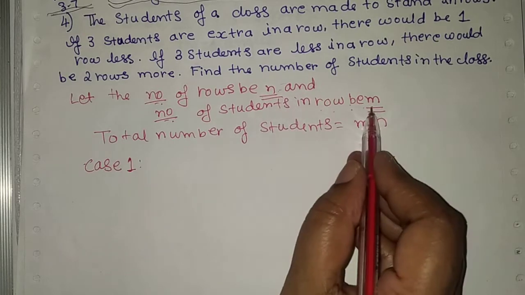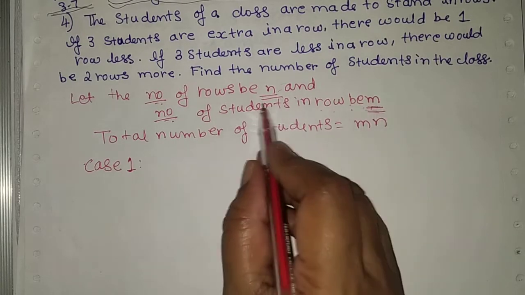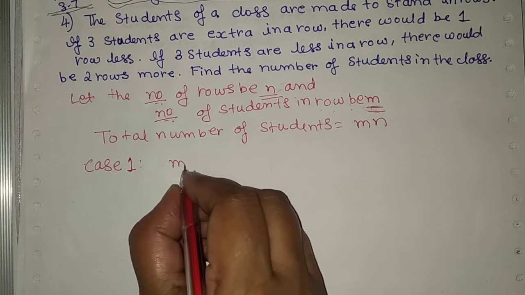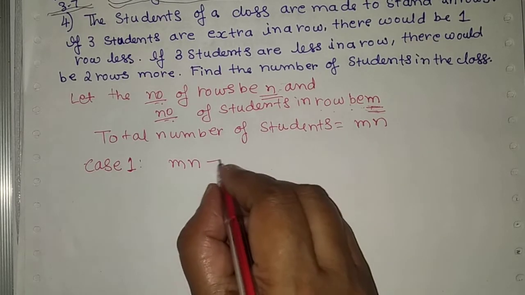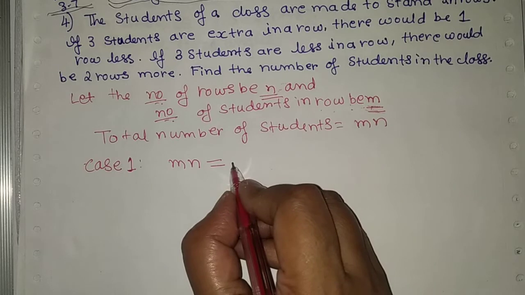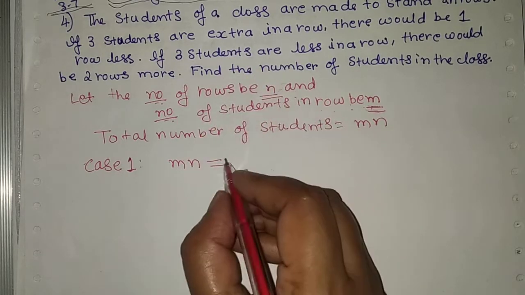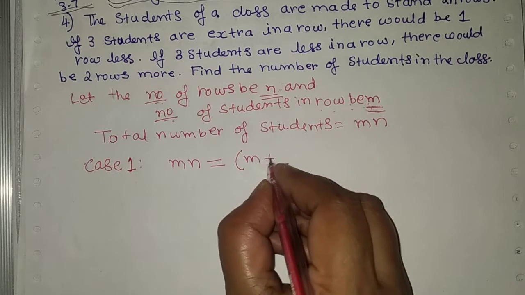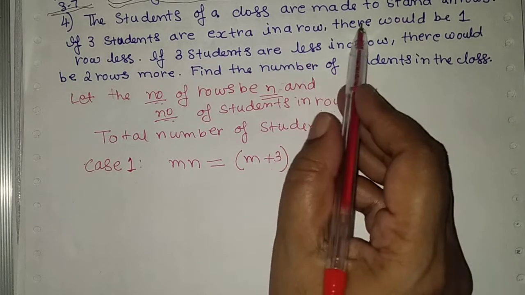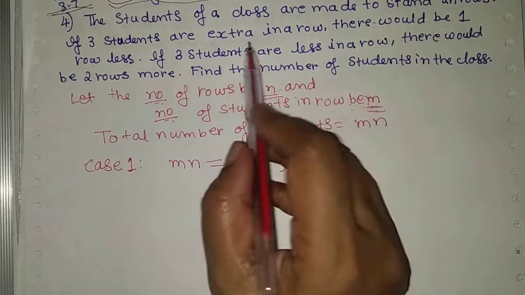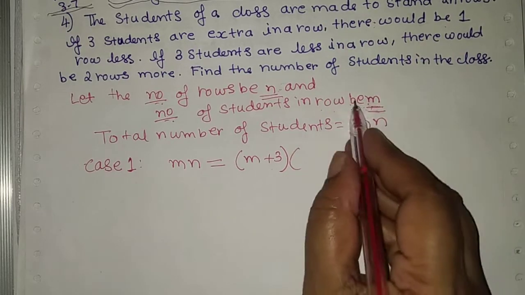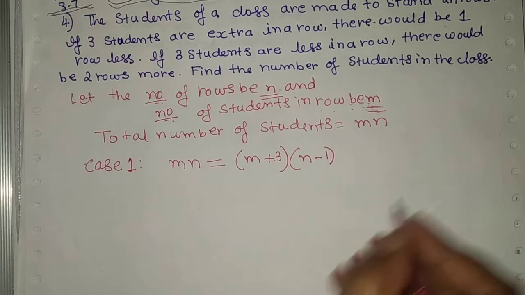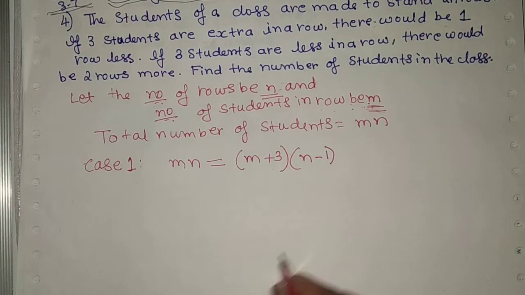So the total number of students, m into n, is equal to m plus 3 for the 3 extra students in the row. Then there would be 1 row less, so the number of rows is n minus 1.